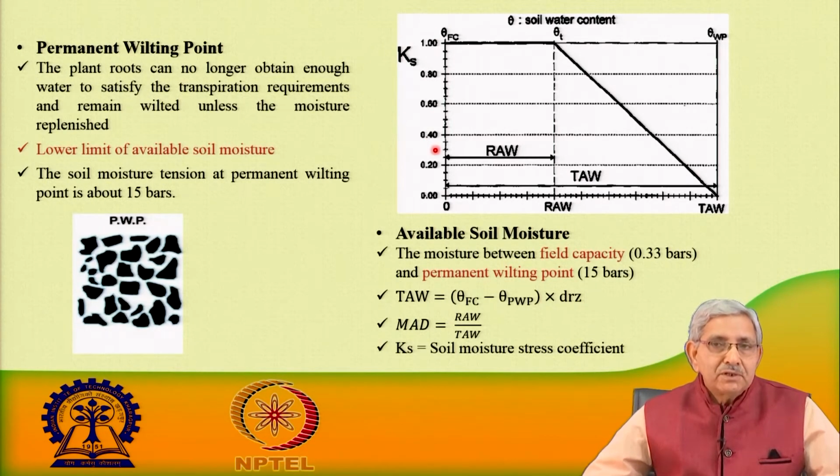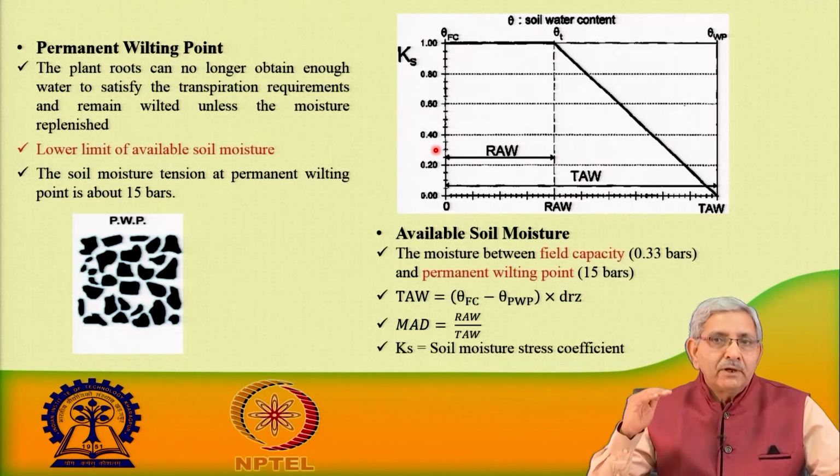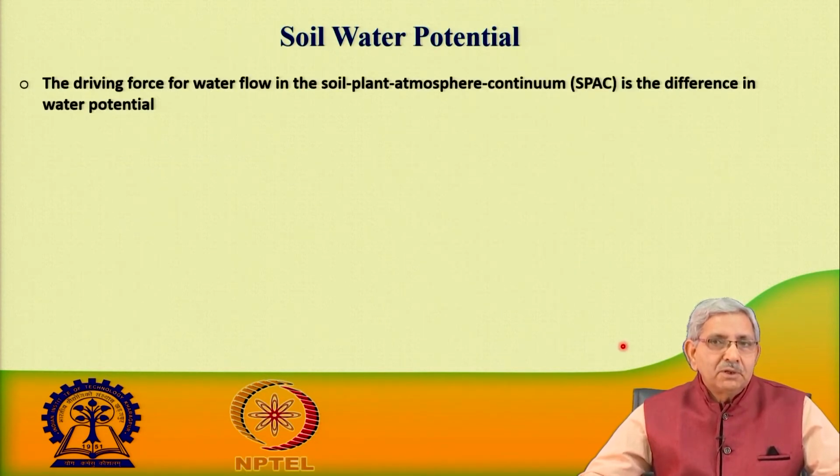Now, this soil moisture stress coefficient is maintained to give a specific level of stress when we have a deficit water supply. It is not always necessary to keep moisture content up to theta f c, that is, at field capacity. One can have less than that value, maybe theta t can be maintained. So, how much level of stress one can maintain, that is the meaning of K s.